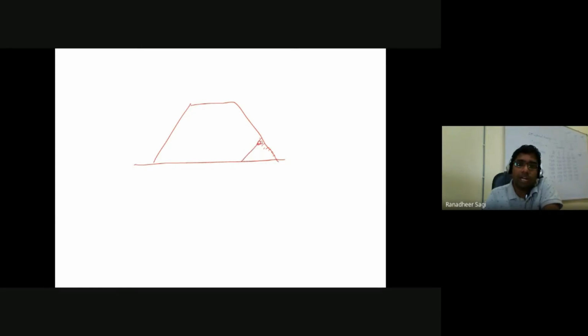What does that mean? You are not constructing canals there; rather, you are filling the embankment towards the sloping surface, in the construction of the embankment towards the toe region. This region is what we call the toe region, and this is your drainage.